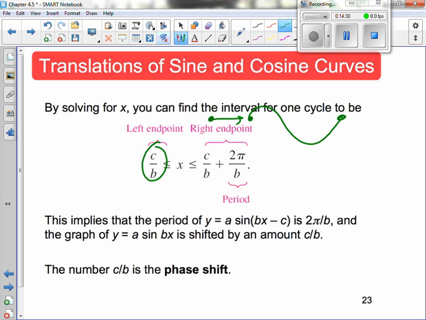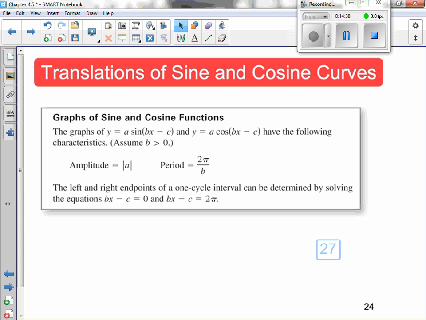That's why we have this interval, because one of them is what it moved, the other is the period, how far. So it's talking about the shift. The left and right endpoints of one cycle can be determined by solving this here: bx minus c equals 0 and 2 pi.